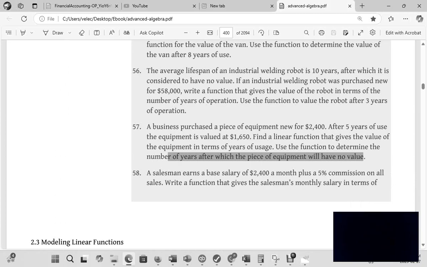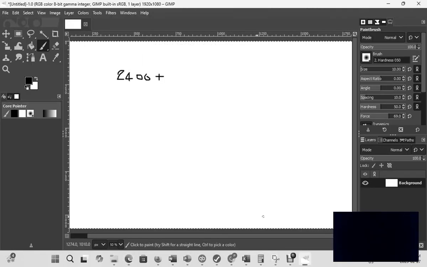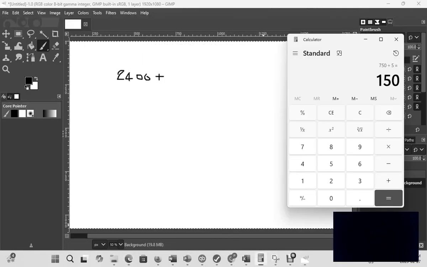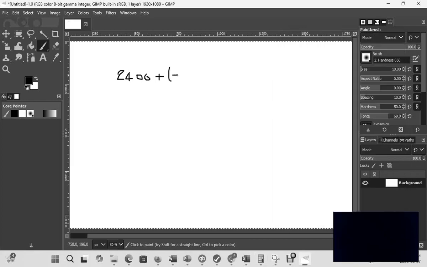This is 1650. So we know it depreciates at a rate of $150 a year, so this will be negative 150x, equals y. And y over here represents the total value.